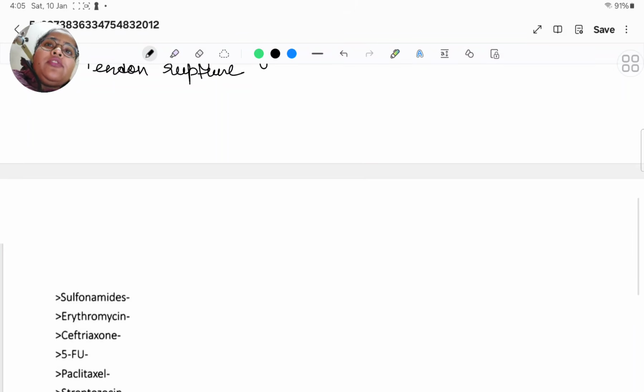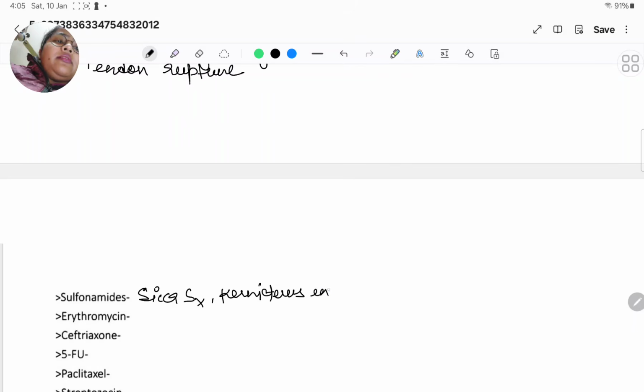A few other antibiotics also: sulfonamide causes Sicca syndrome, and if consumed by mothers, it causes kernicterus in the baby.